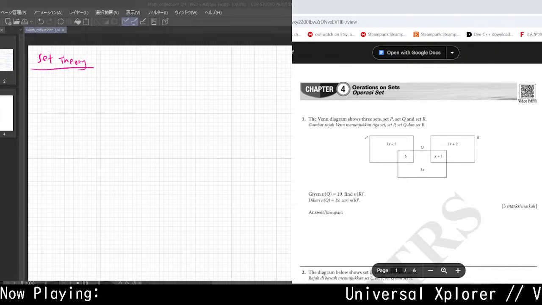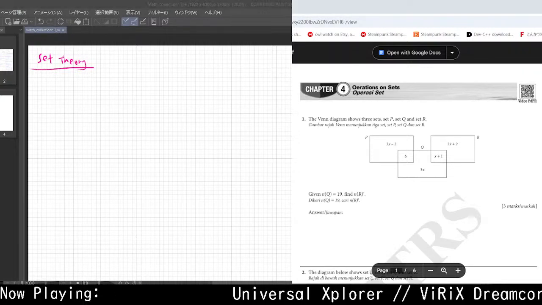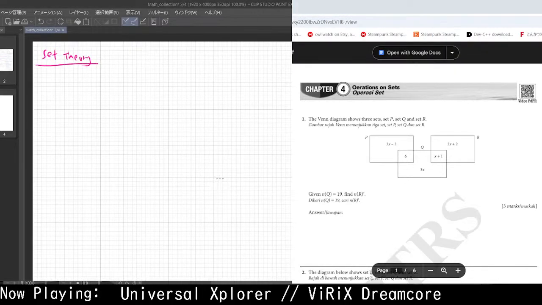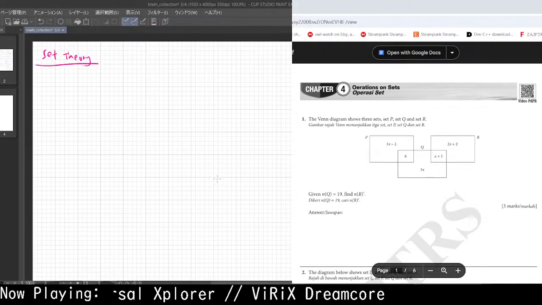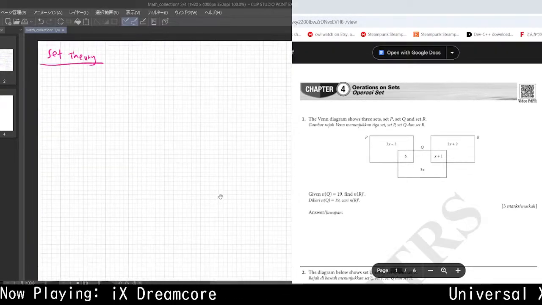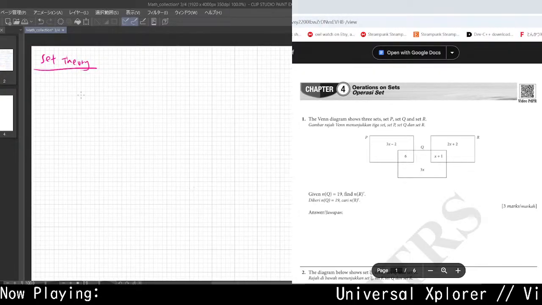You can see that the Venn diagram shows 3 sets P, Q and R. Given n(Q) is 19, find n(R prime). So before this, let's talk about the symbols themselves.